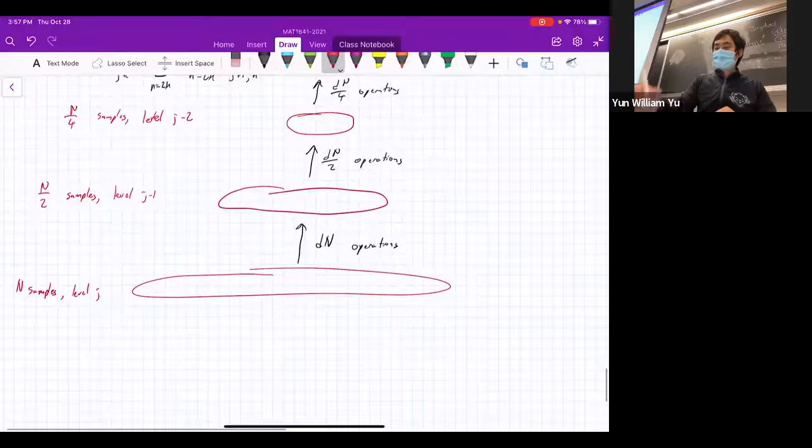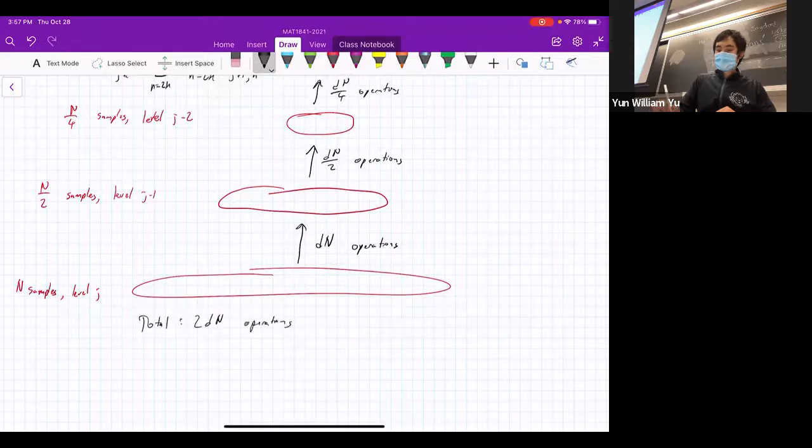And when you add all these together, you end up getting a total of 2dn operations, which is of course O of n, because d is constant for a wavelet.